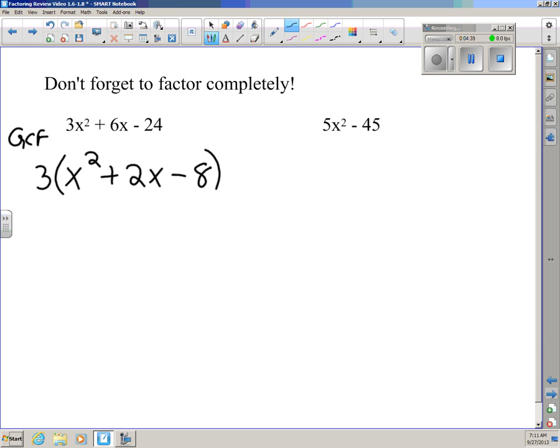Now look inside the parentheses. That looks like I could do an IM. So I need to find a pair of numbers that will add to 2 and multiply to negative 8.